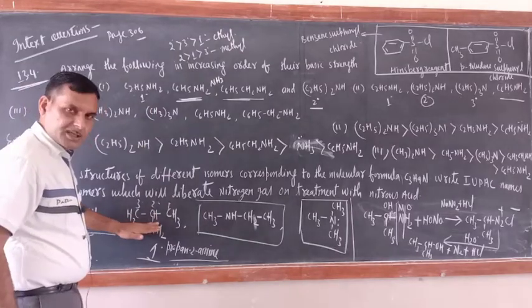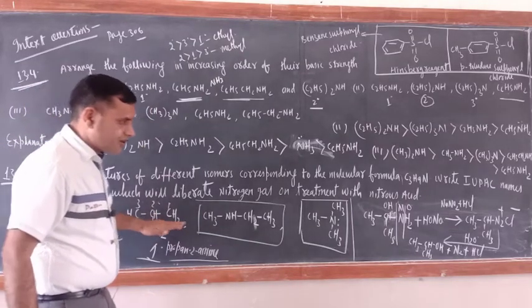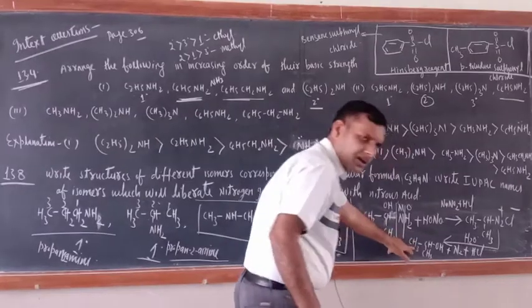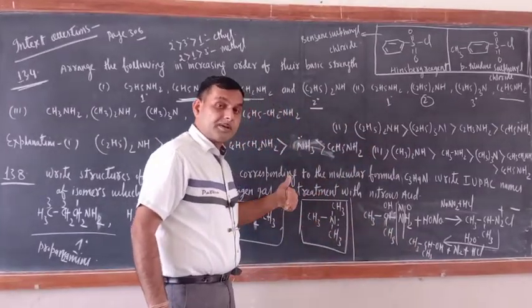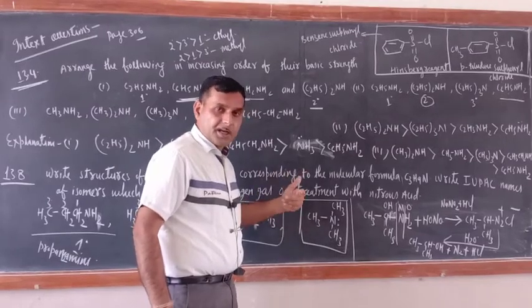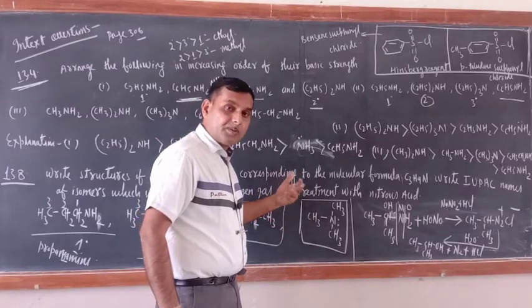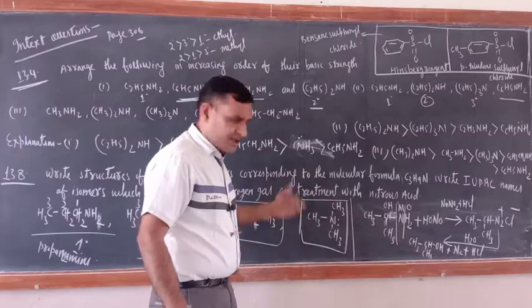Now this was 1 degree only, so here you have got 2 degree alcohol. In the 3 degree case, one of the products would be 1 degree alcohol and the second would be nitrosamine, okay. So this is the difference.